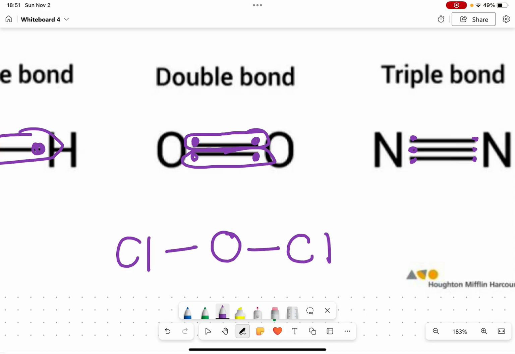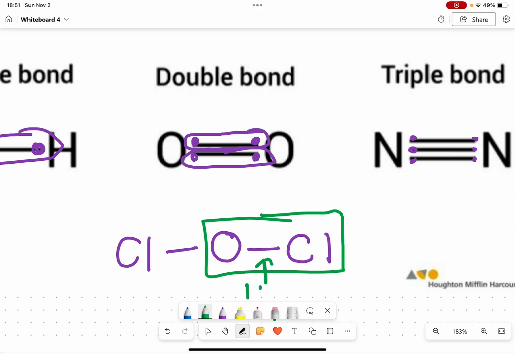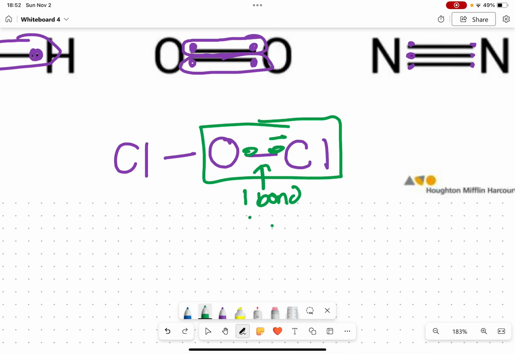These are both single bonds because between each oxygen and chlorine, there is one bond or 2 electrons being shared, one from each. In order for it to be a double bond, it has to be connected between the 2 elements twice. So between this one oxygen and chlorine, you would have to have 2 connections, 2 bonds for it to be a double bond. So this would be single.